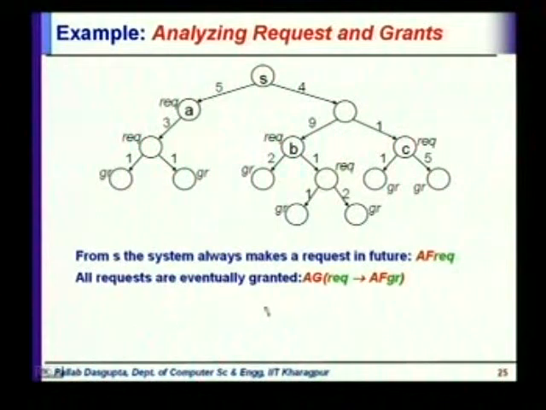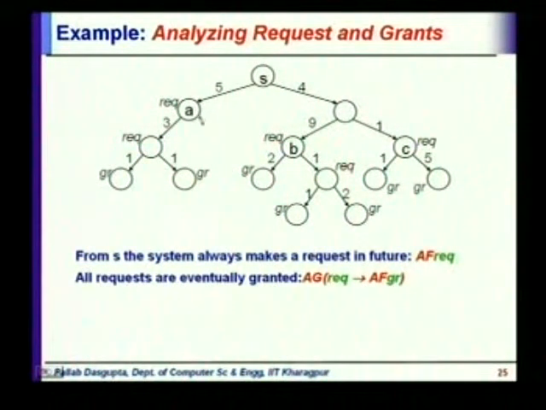All requests are eventually granted. So AG request implies AF grant, which means in whichever state you get a request, from that state there has to be a grant along all paths.